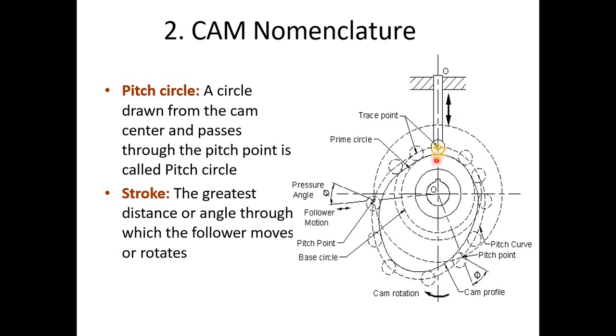The maximum distance, or greatest distance or angle, through which the follower moves or rotates by moving up and down, due to the reciprocating or oscillating motion, is what we call the stroke of the follower, or simply the stroke.